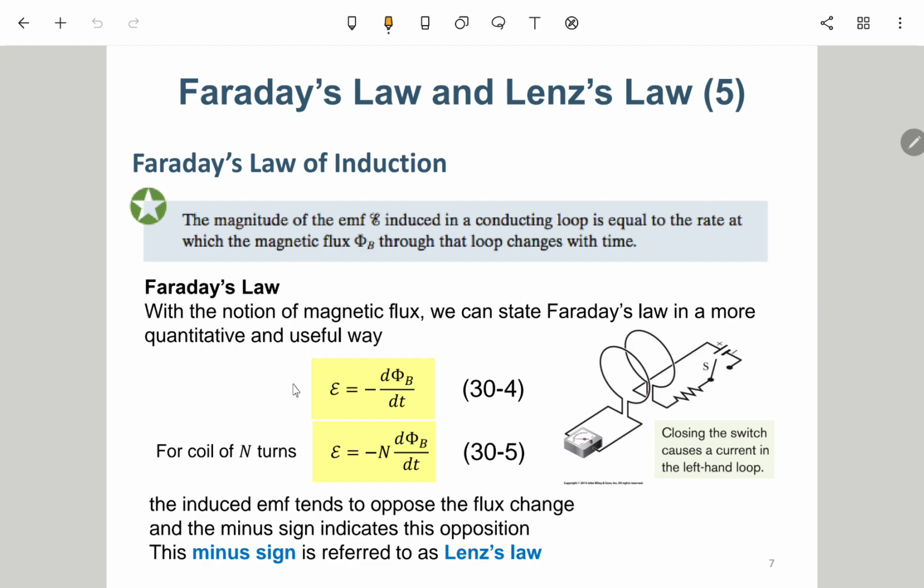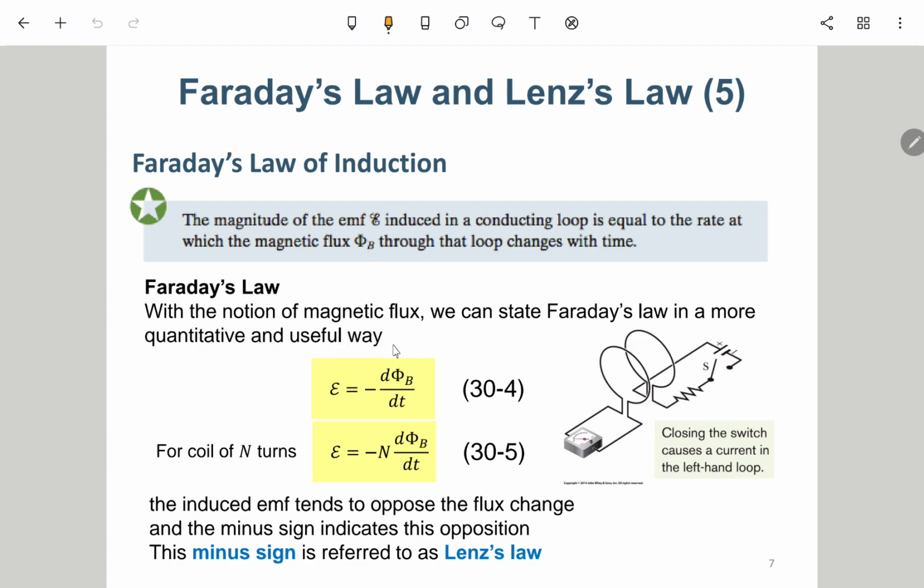If we write this statement as a formula, it would be like this: E, and this E is this E. I cannot find the font in PowerPoint, so I just use this E here. E equals negative d Phi B dt. So writing this statement as a formula looks like this.